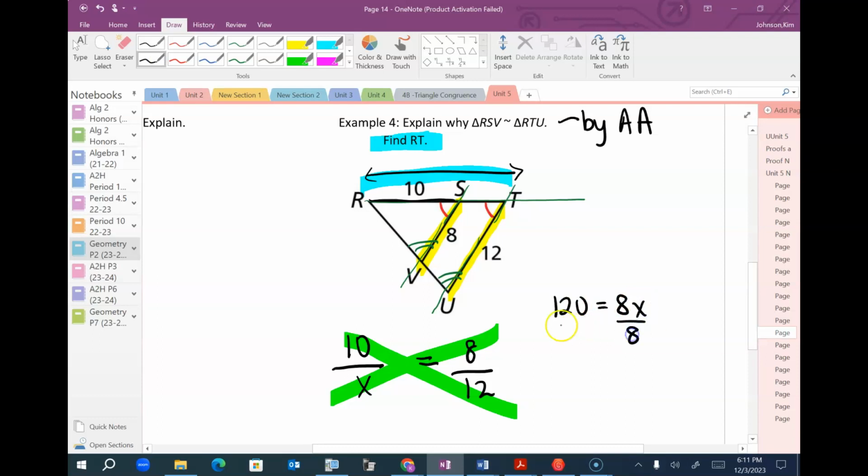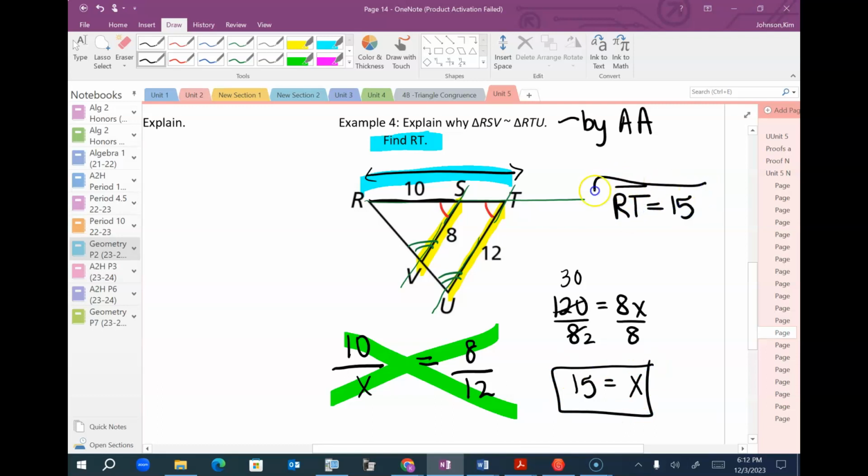Divide both sides by 8. And x is what? 120 divided by 4 is 30, so that's 30 over 2, which gives you 15. So x would be 15, and x is the length of RT. So RT is 15 units.